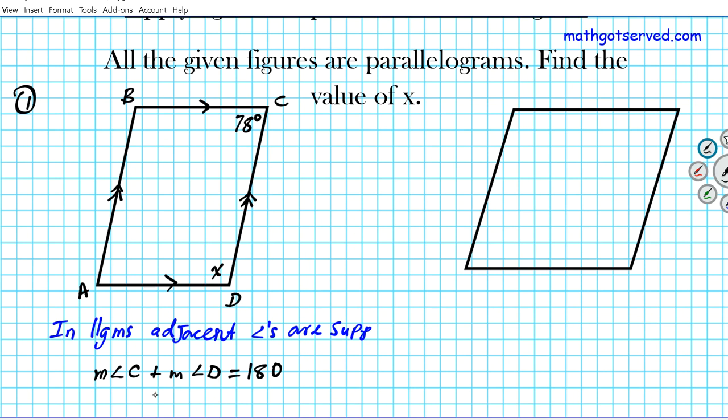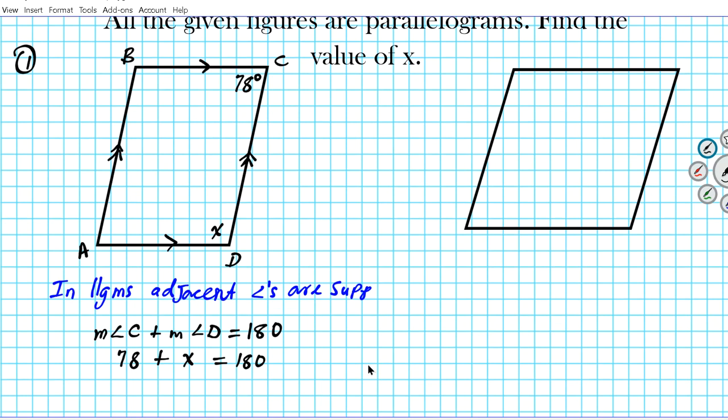So to find x, we're going to substitute what we know and what we need. We know the measure of angle C is 78, and the measure of angle D is x, and that's equal to 180. So by applying the property of parallelograms, we've been able to generate this algebraic equation in one step.